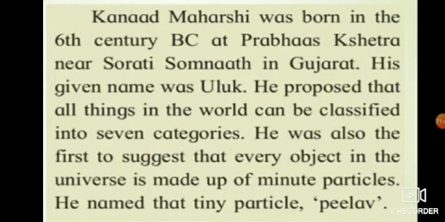We have our real name, but at home your mommy calls you by another name. So his name also was given as Ulak. His real name was Kannar Maharshi, but the name given was Ulak. He discovered that all things in the world can be classified into 7 categories.